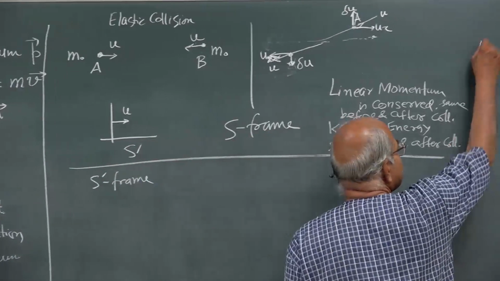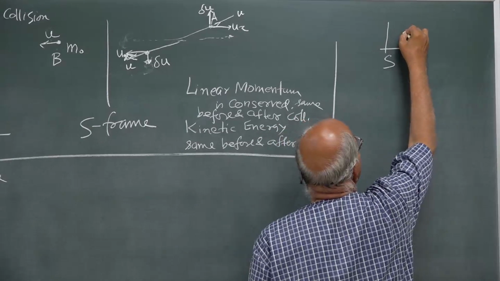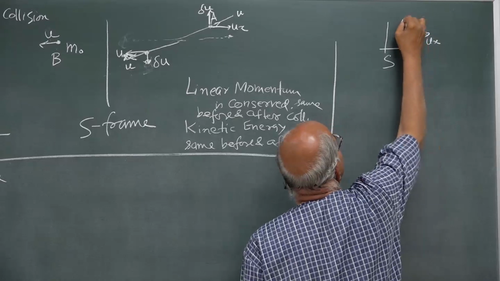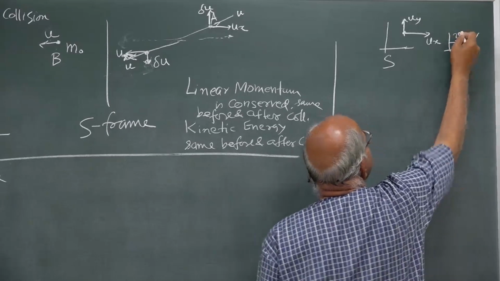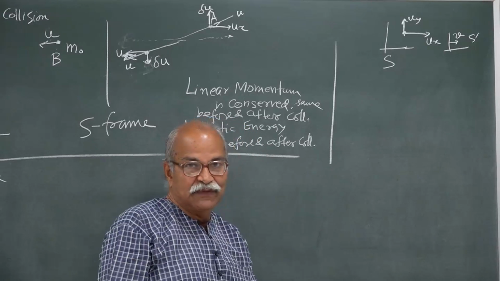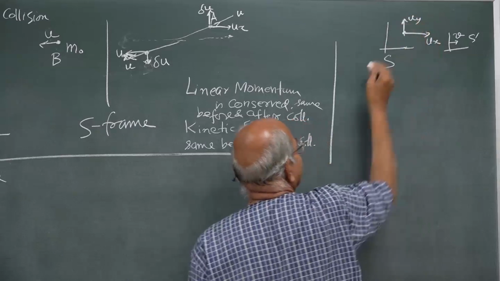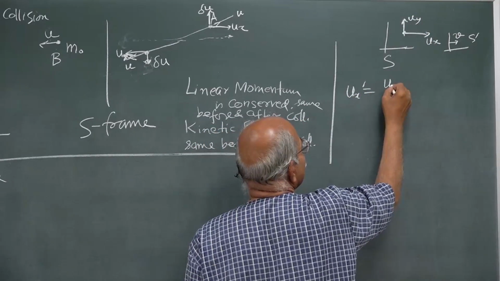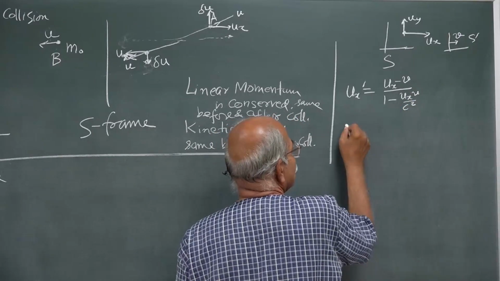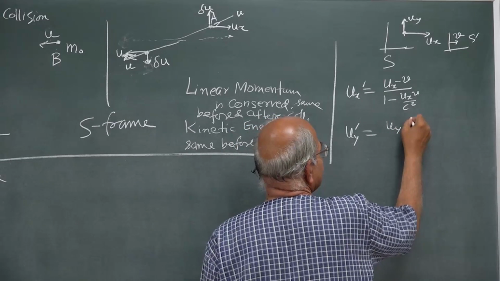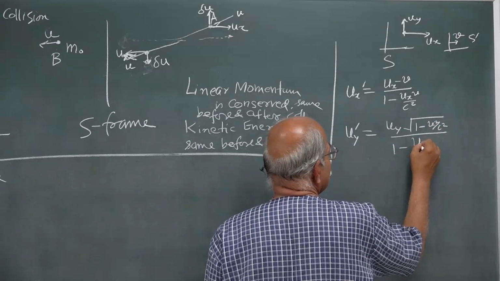You remember the velocity transformation equations. Suppose this is S, and in S you have a particle going with some component ux here and uy here, and then you have a frame S prime, which goes with a velocity v with respect to S. Our transformation equations for velocity were that from the S prime frame, if you look at this particle, you will have ux prime, which is ux minus v over 1 minus ux v by c square, and then uy prime, which is uy times square root of 1 minus v square by c square, divided by 1 minus ux v by c square.